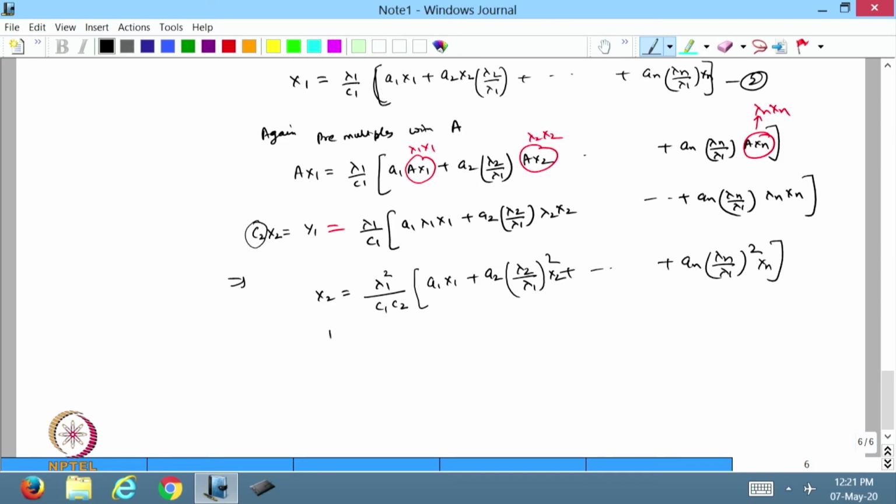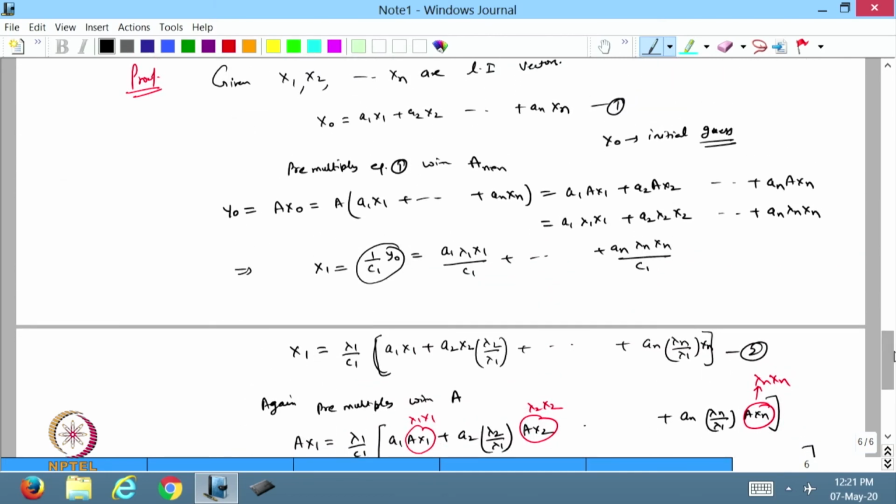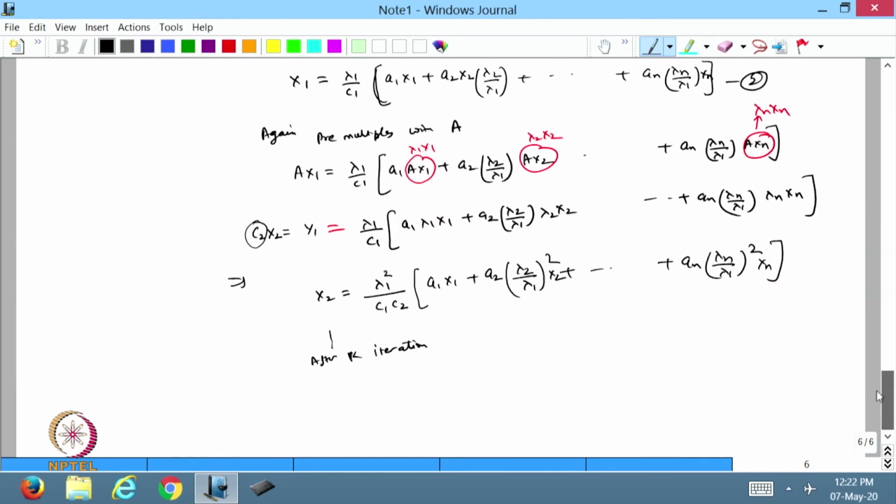So, if we keep doing this for k iterations: in the first iteration I will get x1, in the second iteration I will get x2, so after k iterations I will get xk.